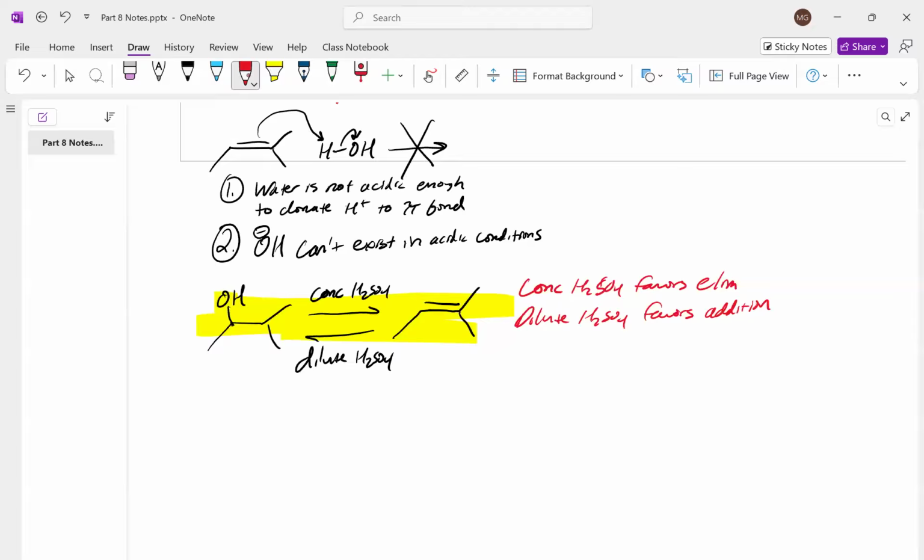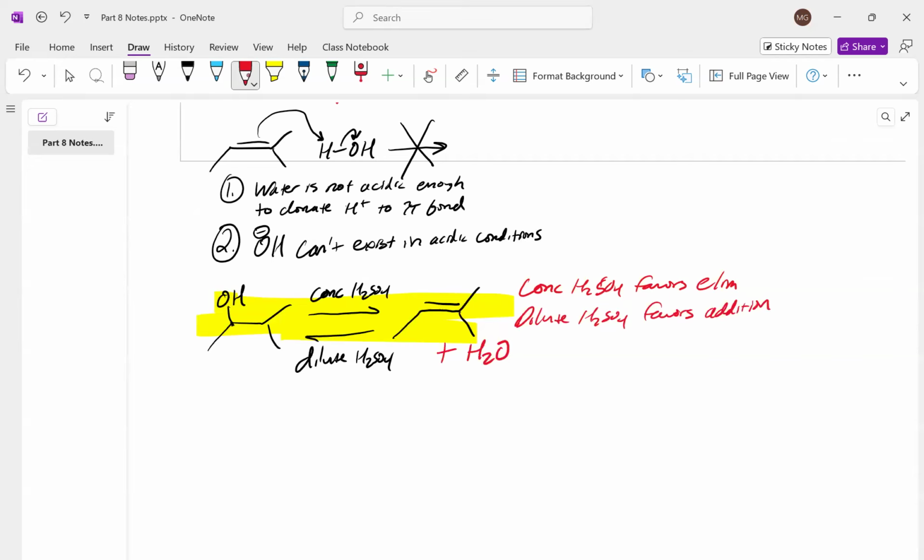Now, why is that? Let me add one component here. One of the products of the elimination is water, right? That's where our leaving group went. So think about this. Go back to GChem, think about equilibrium, how we can push equilibriums to various sides, reactant side or product side.